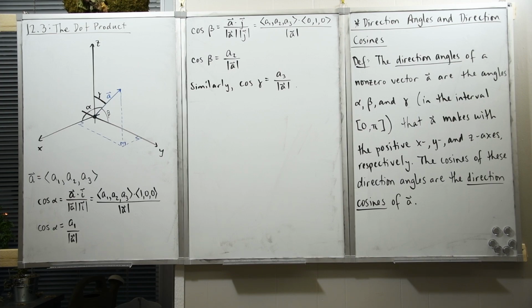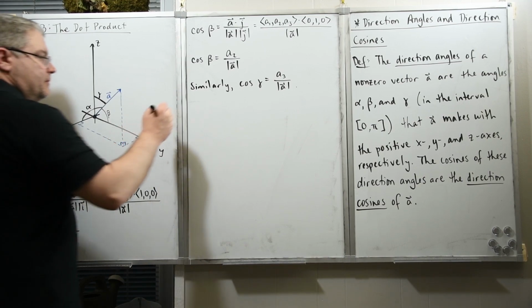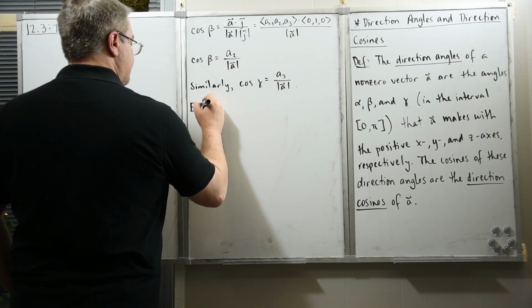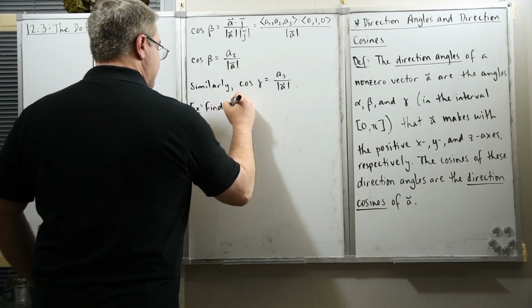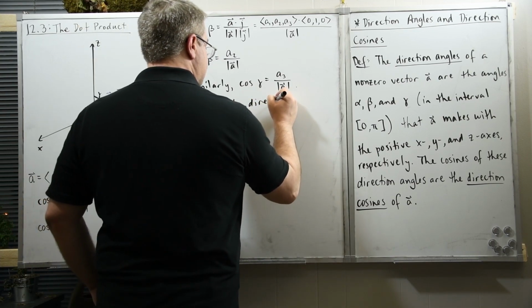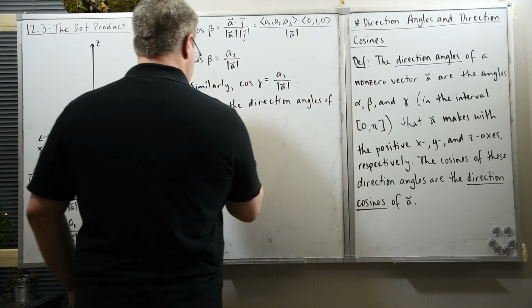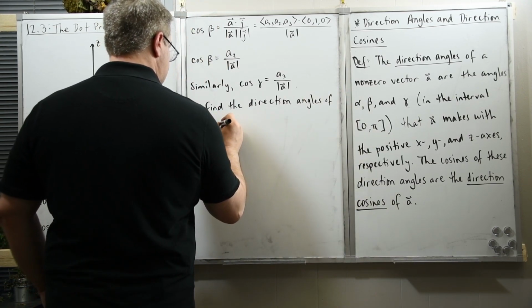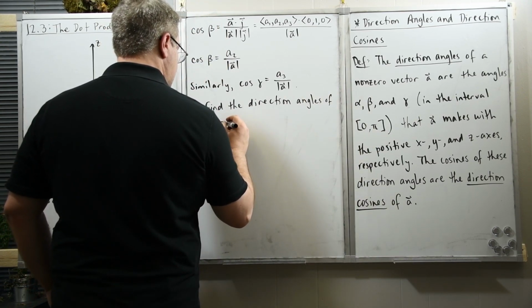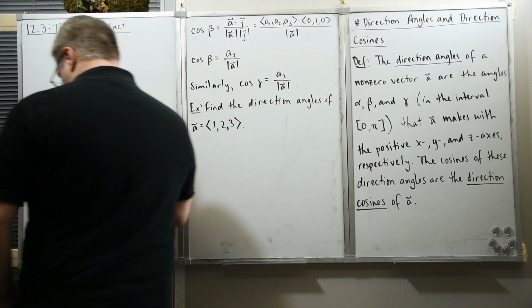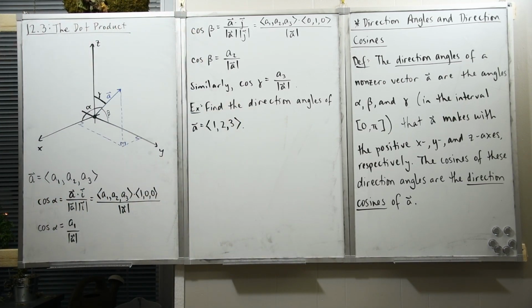Alright, so let's take a look at an example where we find the direction angles of a given vector. So this vector A has components 1, 2, and 3.